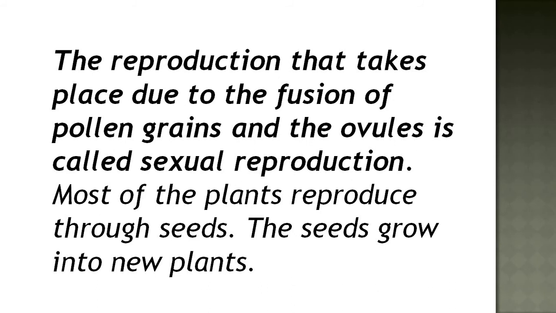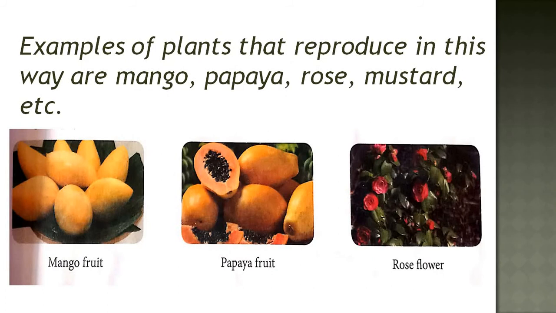So most plants reproduce through seeds, and these seeds grow into new plants. Examples of plants that reproduce in this way are mango, papaya, rose, mustard, and many more, and when these seeds germinate they grow into a new plant.